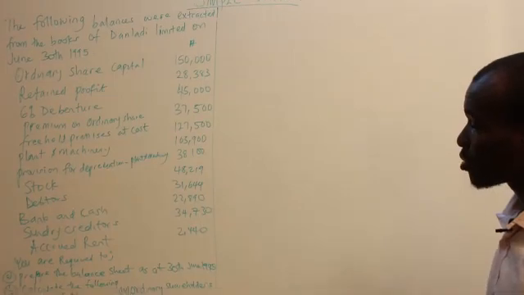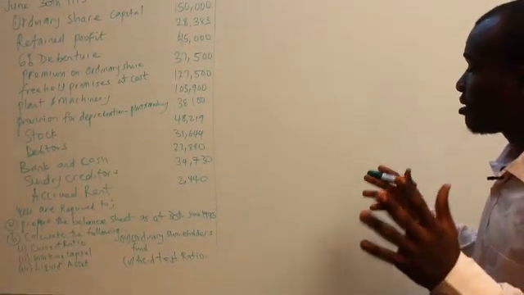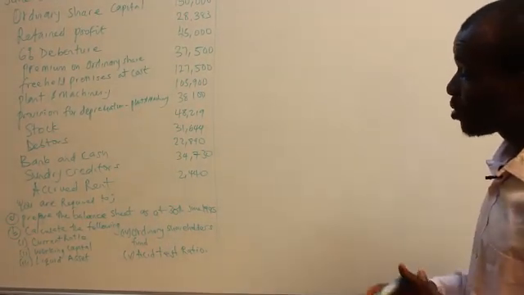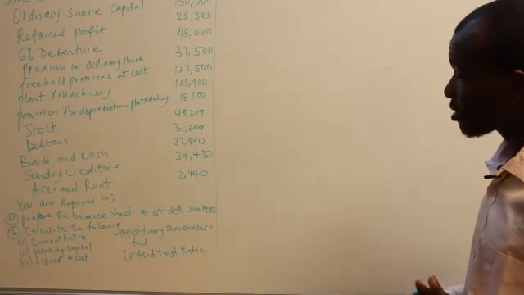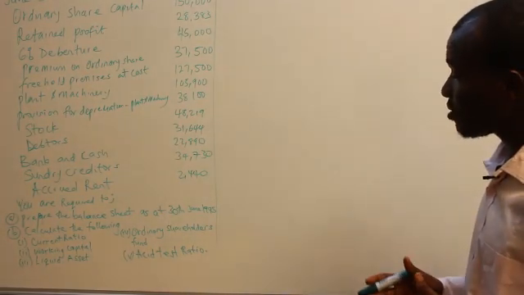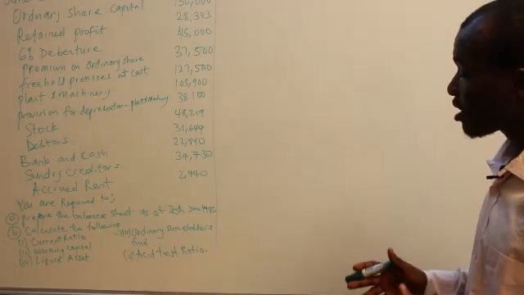You are required to prepare the balance sheet as at 30th June 1995 and calculate the following: current ratio, working capital, liquid assets, ordinary shareholders' fund, acid test ratio.